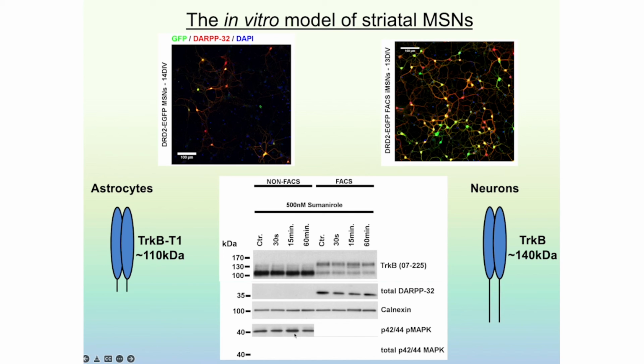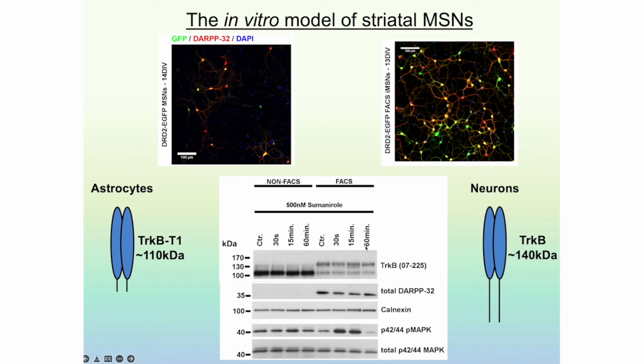So one could say, okay, here after 15 minutes we can see an increase in phospho-MAP kinase, compared to the FACS sorted cultures, where we can clearly see this described increase after 30 seconds and 15 minutes. It is also described in the literature that the phospho-MAP kinase levels will return to baseline and below after 60 minutes.